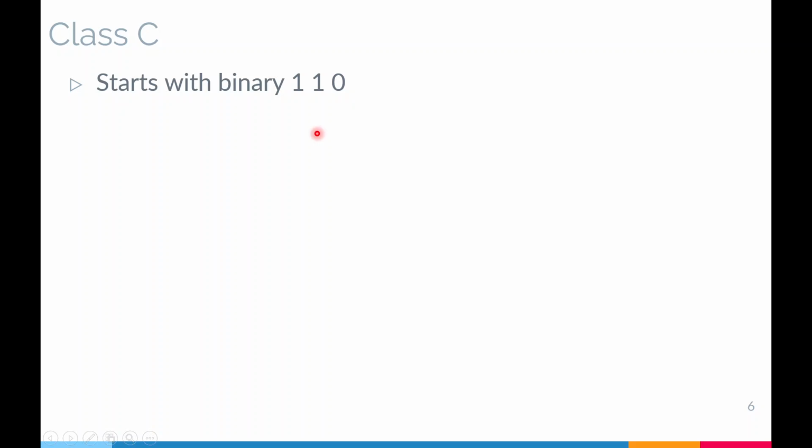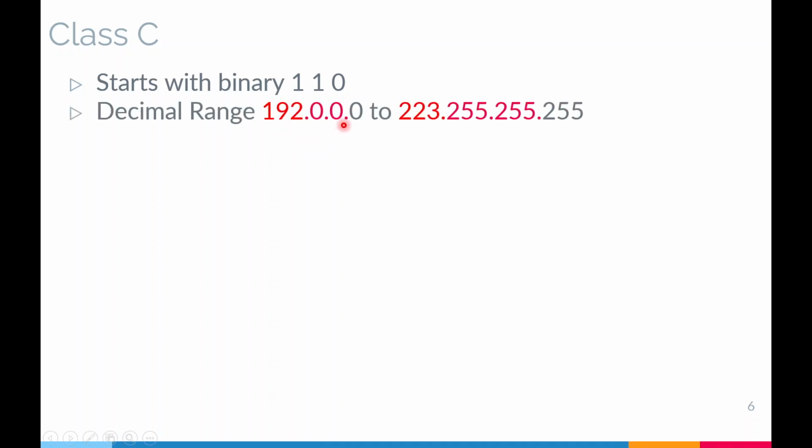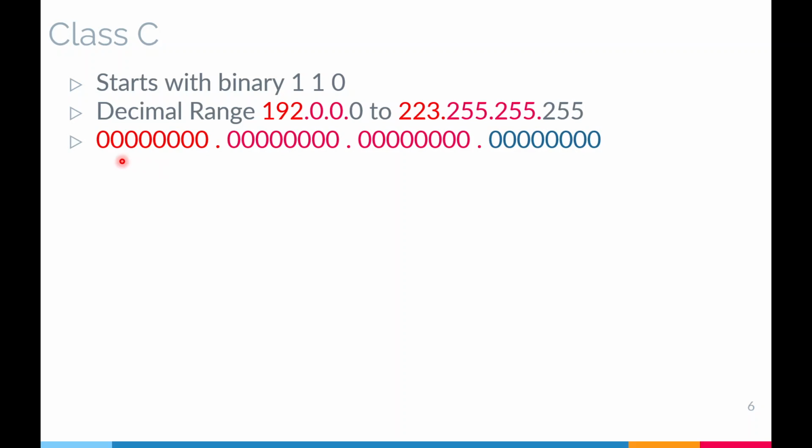Now the decimal range is 192.0.0.0 to 223.255.255.255. Even the network portion will increase now. It will be the first 3 octets, and the remaining portion, which is the last octet, is the host portion, which means that this particular type of address can have at max 255 IP addresses.